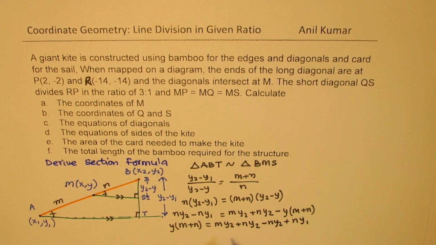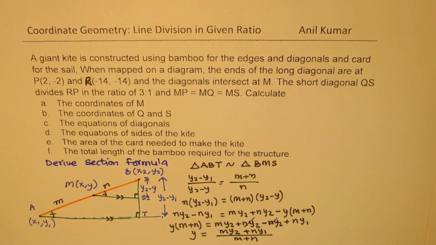So from here, this negative n y2 and positive n y2 cancel. These are the two terms left here, and we can isolate y, which is equal to, in the numerator, m times y2 plus n times y1 over m plus n.